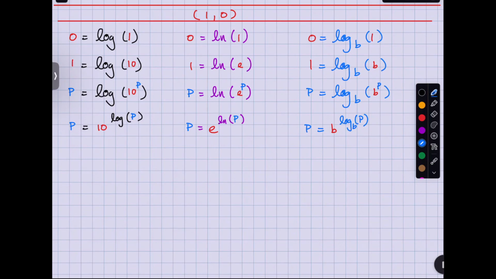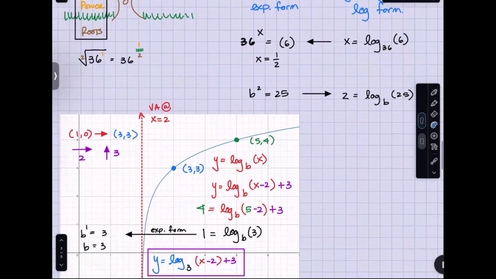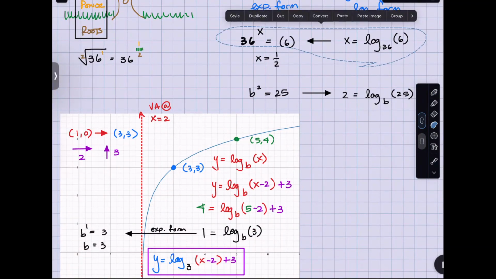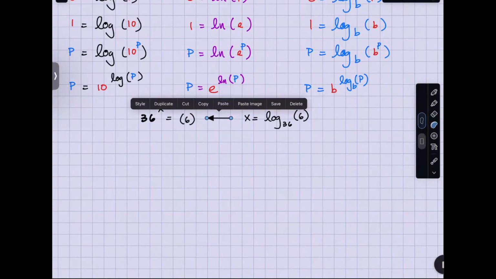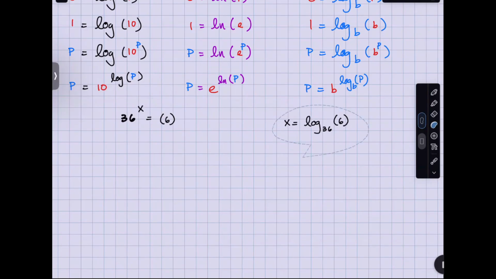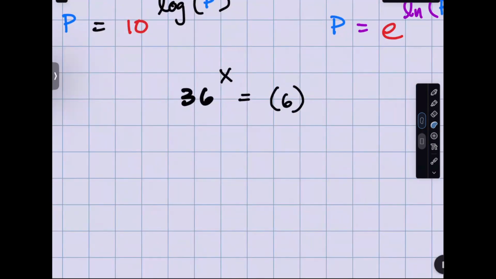All okay there? So here's the thing. Remember how I taught you guys how to do this right here? You guys remember that? So how would I utilize what I just learned with this? So if you didn't want to learn about the base being moved, then here's what I would tell you to do. When I have this right here, I identify the base. The base is 36. What's the opposite operation of a base of 36?